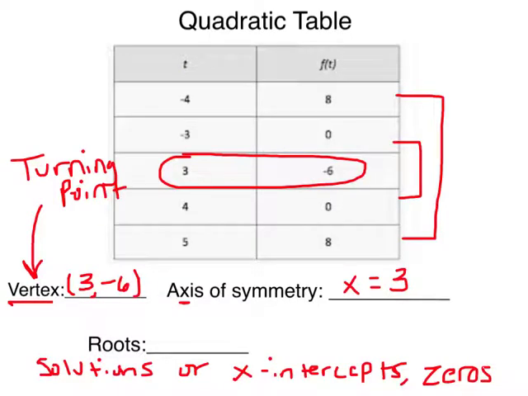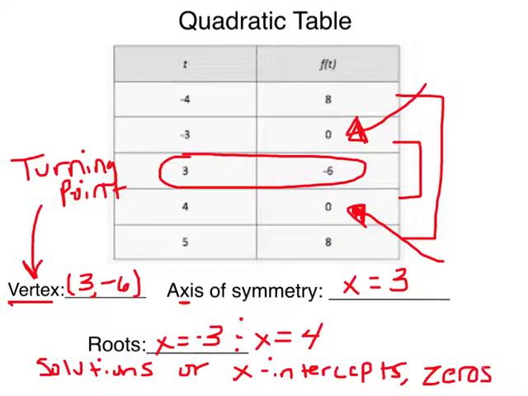So in this case, how am I going to find my x-intercepts? Well, no fear. It's wherever my y value equals 0. So in this case, my roots are going to be x equals -3 and x equals 4.